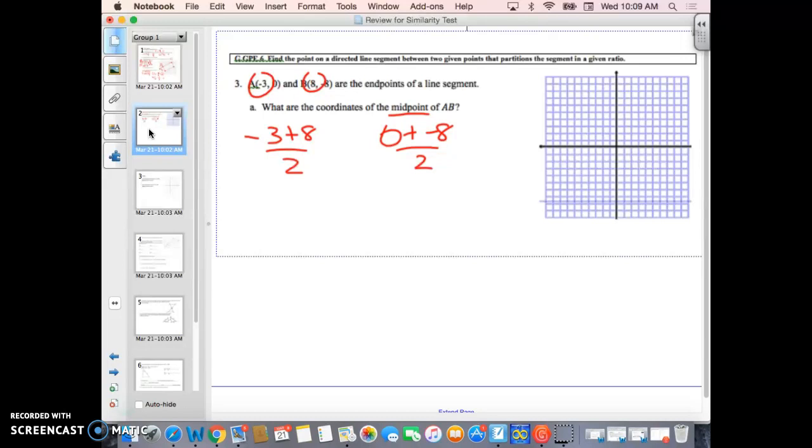So this is 5/2, which is essentially 2.5, and this is -4. So my midpoint would be at 2.5, -4. And again, 2.5 is just right here in the middle: 1, 2, 3, 4. So if I drew the line, that would be where the middle is.